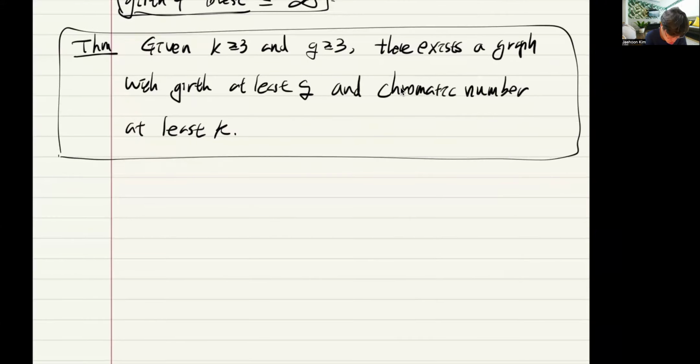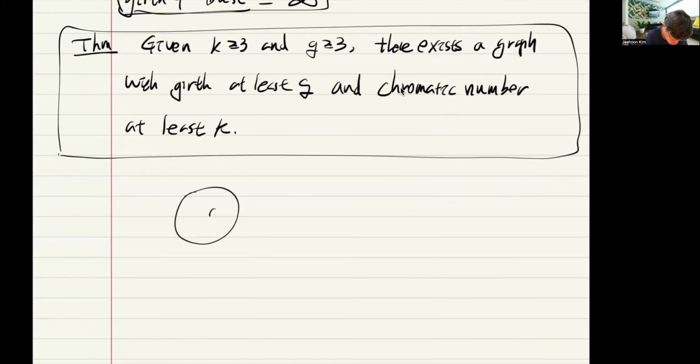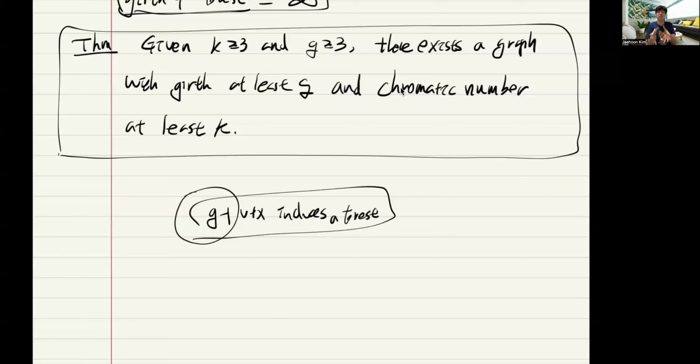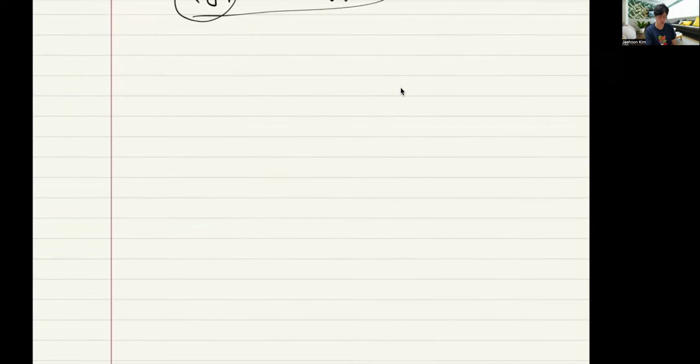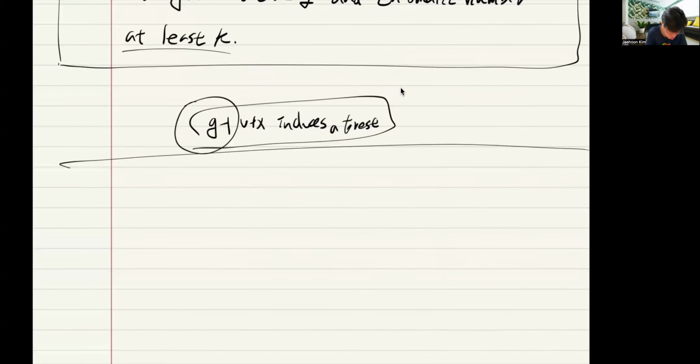Here, girth at least G means that no matter which G-1 vertices we take, they induce a graph with no cycle, so a forest. So locally it is a forest, and forests are always two-colorable, but the graph itself could have a large chromatic number, showing that the chromatic number is not really a local parameter.